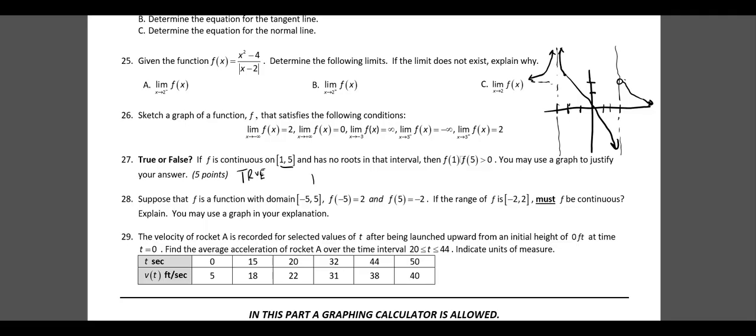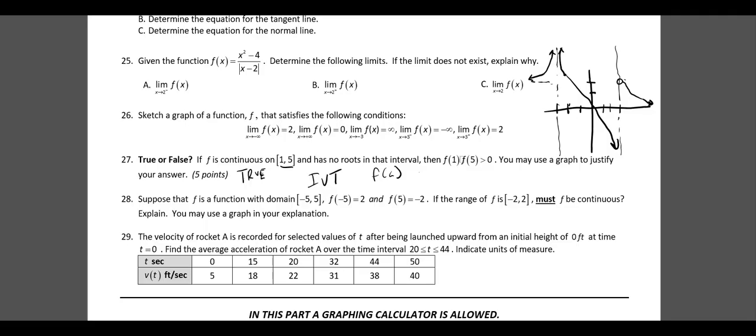And think back to the intermediate value theorem. If f is continuous on a to b, then f of a and f of b will have opposite signs, and there's at least one value c in the interval a to b where f of c equals 0.